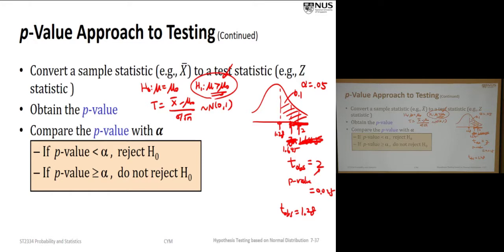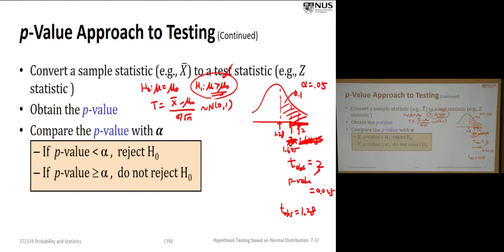But the drawback of this critical value approach is that if I change my alpha, instead of 5%, you have to recompute the critical region. While with the p-value approach, I just base it on your sample and calculate the p-value. For example, the p-value is 0.03, 3%.